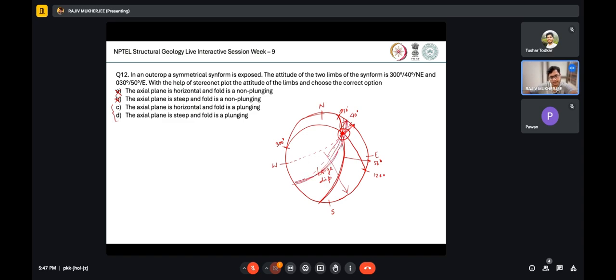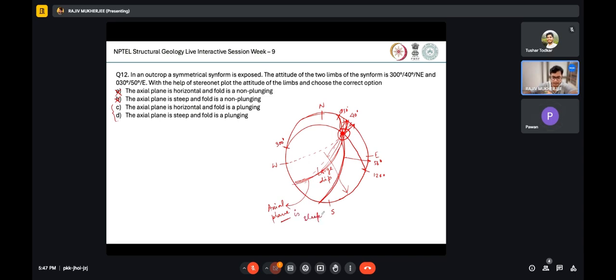Somewhat like this. So this is the axial plane. So the axial plane will have much larger dip. That means the axial plane is steeper.